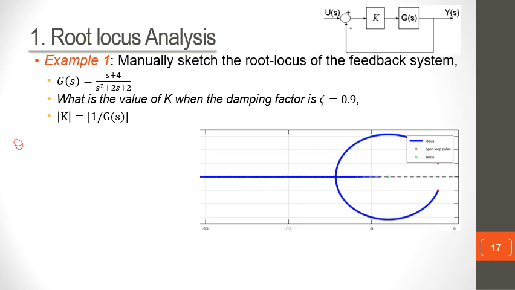So in fact theta is equal to cosine inverse of the damping factor. In this case, a damping factor of 0.9 would get around 25.9 degrees.